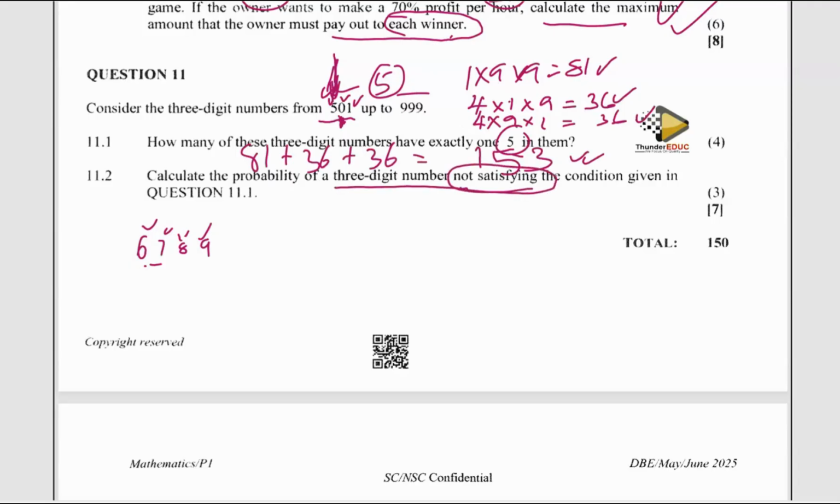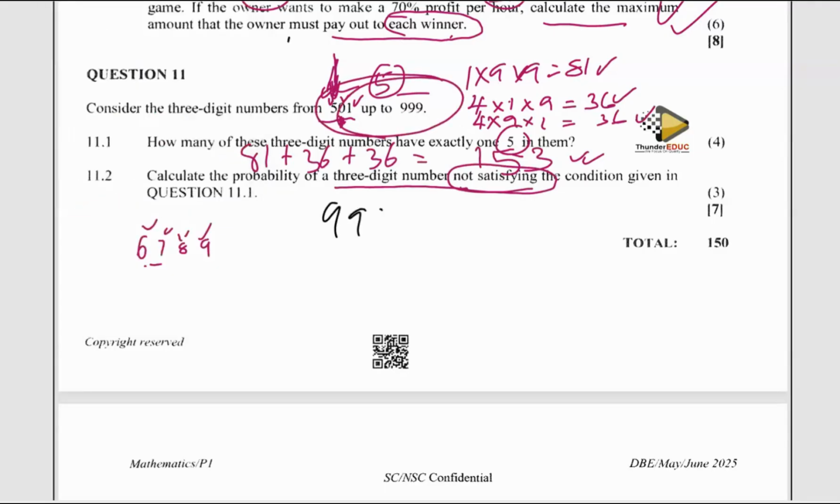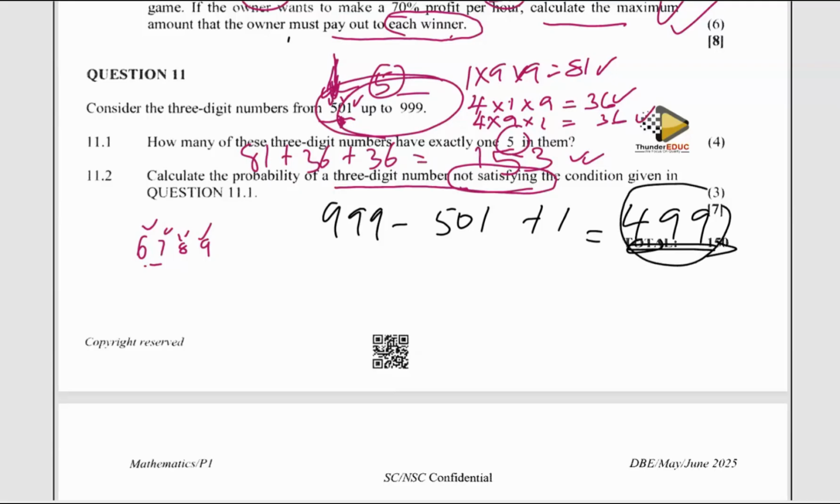Now the question is, how many 3-digit numbers can we obtain from this sort of arrangement? So I get 999 minus 501 plus 1, which means we have 499 numbers that we can come up with. But it's 153 that satisfy our desired condition.